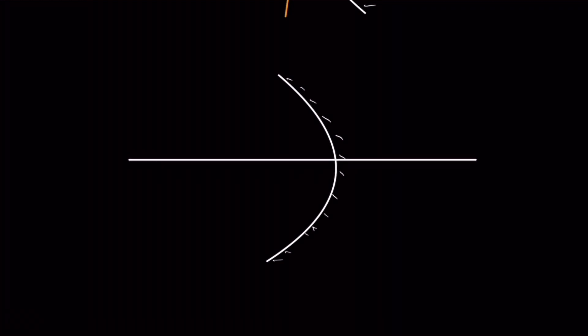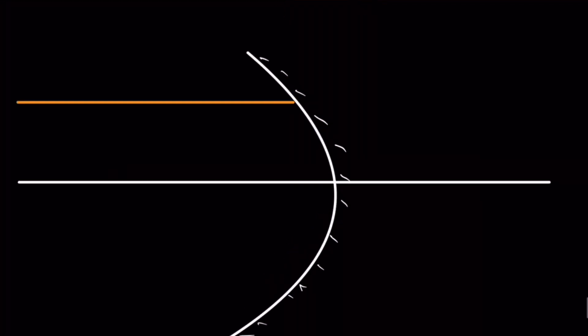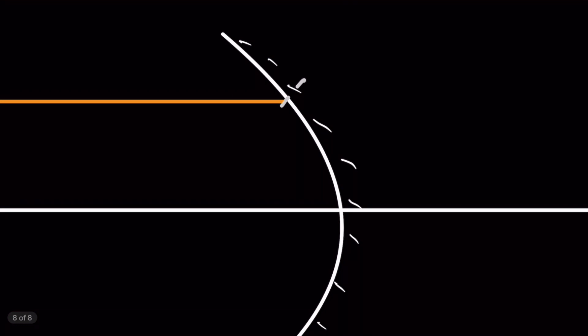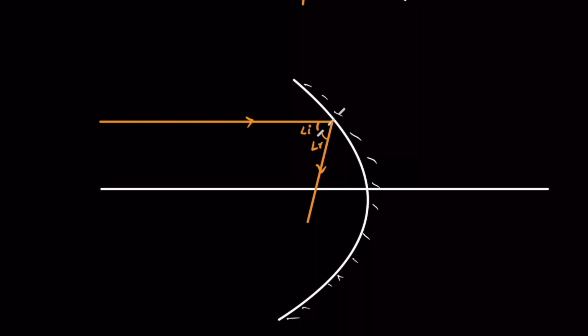If this is the incident ray, here this is our normal. This is our angle I, so angle R will be in this direction. So what we noticed? It is converging in nature. Concave mirror is converging in nature. I hope you understood this concept properly.